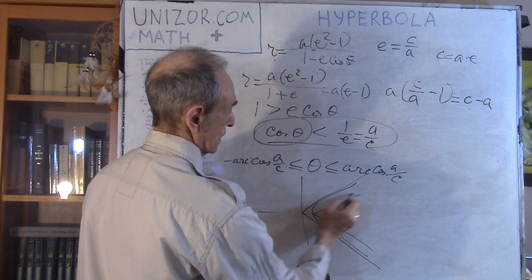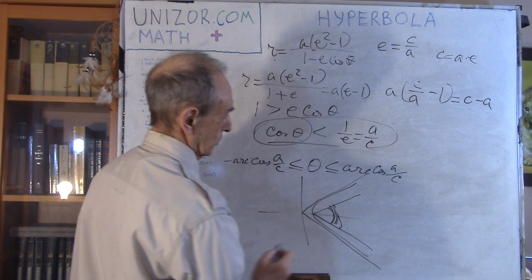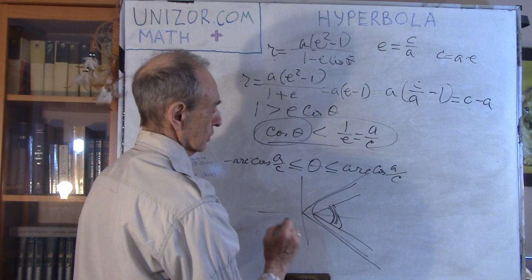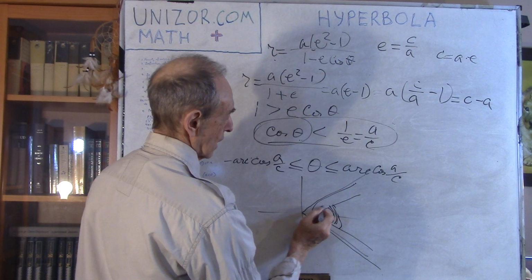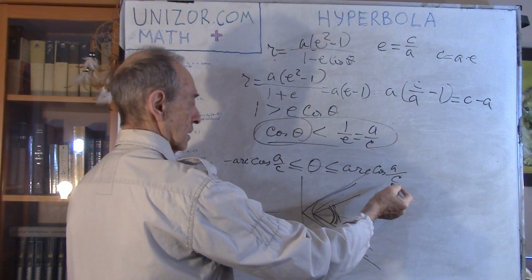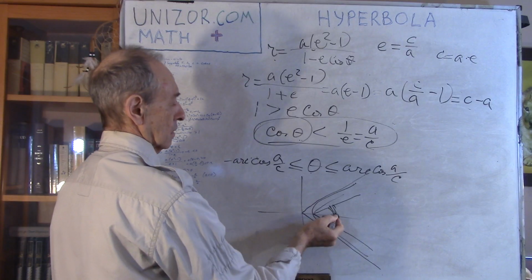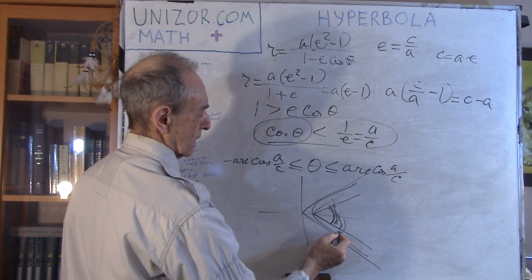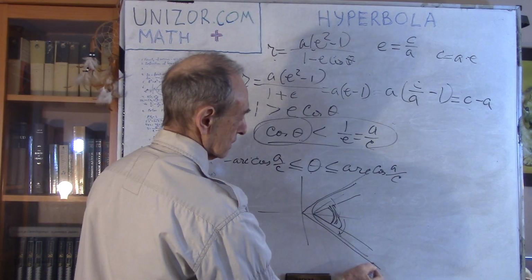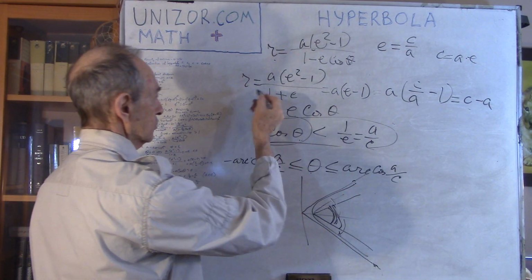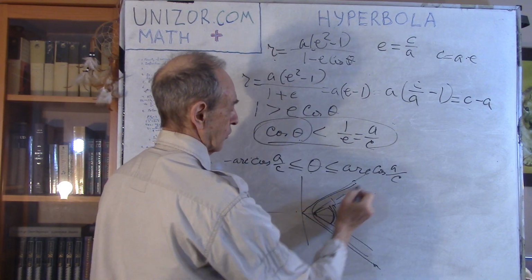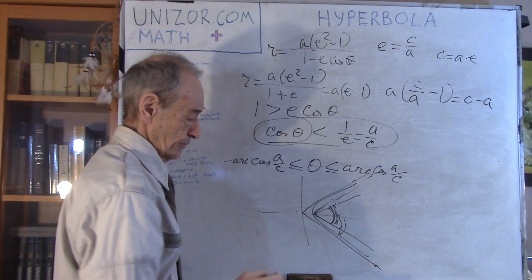So this is parallel to the asymptotes, and within this angle you will not meet it. As long as you are outside of this angle, so if theta is greater than arc cosine of a over c, or less than minus arc cosine of a over c, then you will hit some point, and r would be some value, whatever the distance from focus to that particular point is.